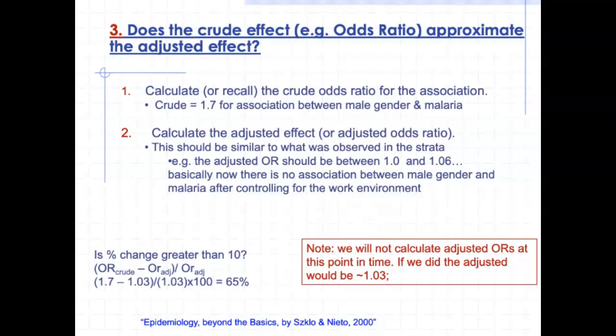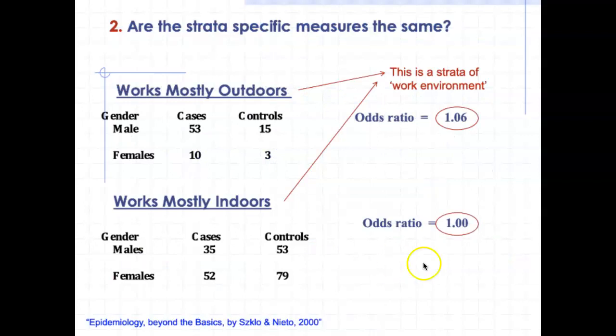Now, what we did in the last slide was we calculated stratum-specific measures. And if you remember, our stratum-specific measures were 1.06 and 1.00.